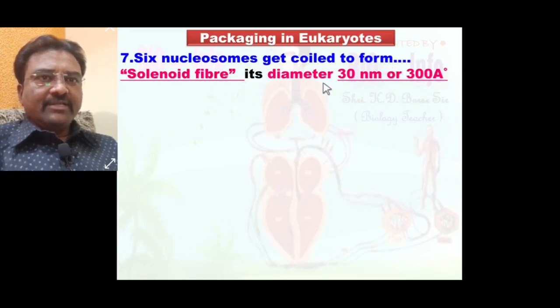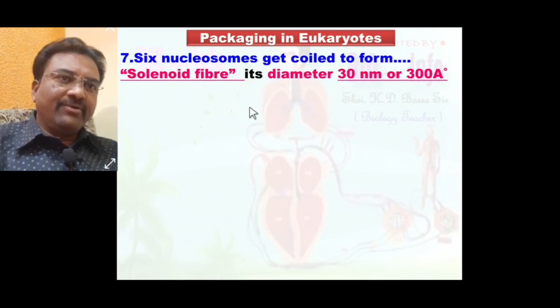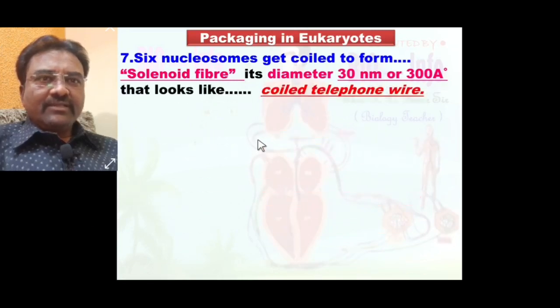Always remember, 6 nucleosomes get coiled to form solenoid fibers. It looks like a coiled telephone wire because it is formed by the coiling of 6 nucleosomes.